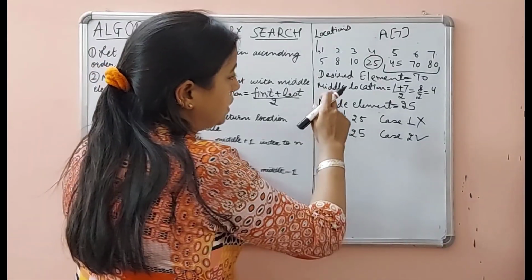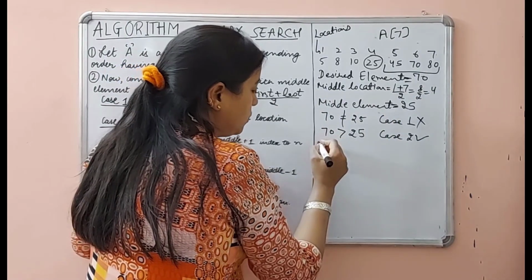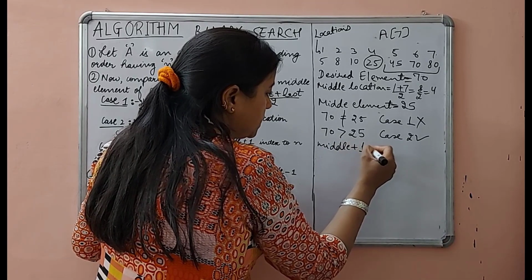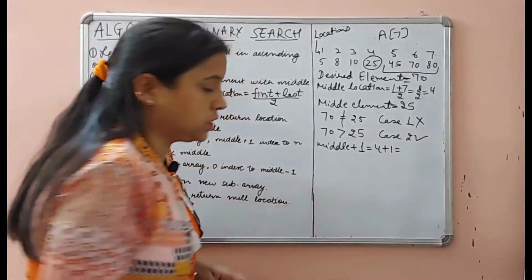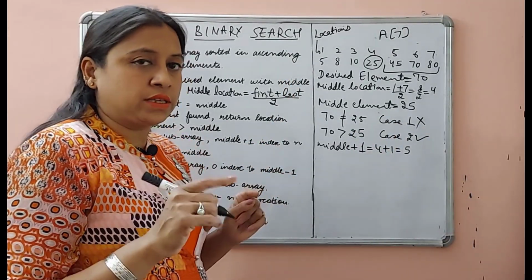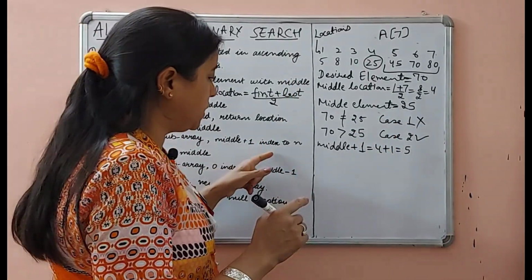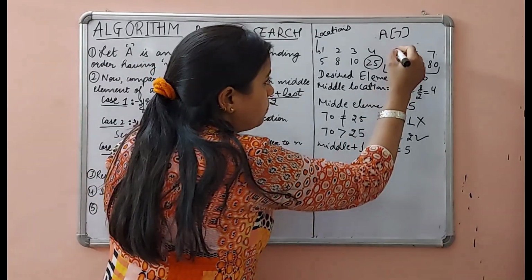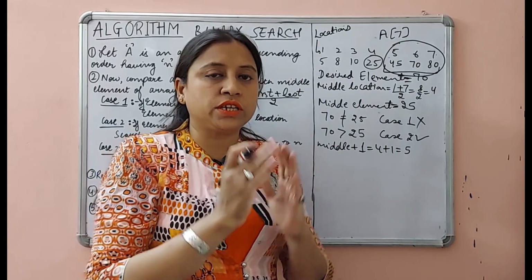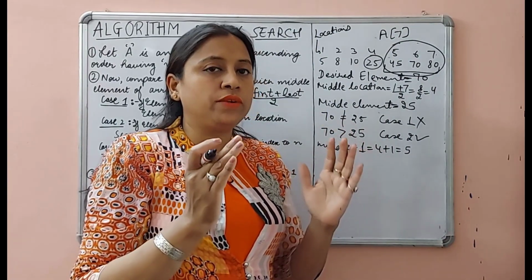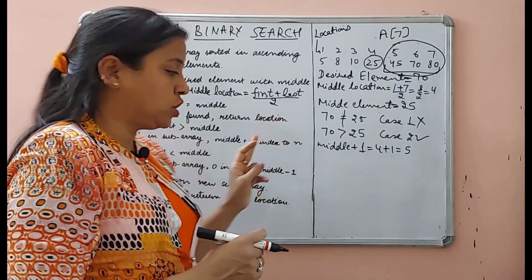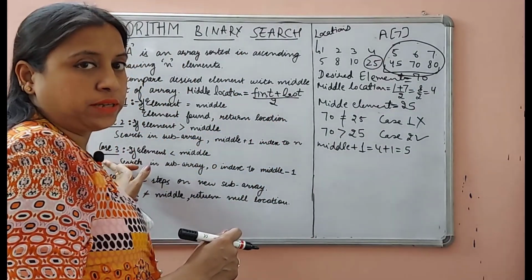Middle plus 1 means earlier location was 4, now 4 plus 1 is equal to 5. Means now we will search in the subarray from the 5th location to the 7th location. Now instead of searching all the elements of the list, we will search only these elements. Since case 2 was true, case 3 will not be executed.